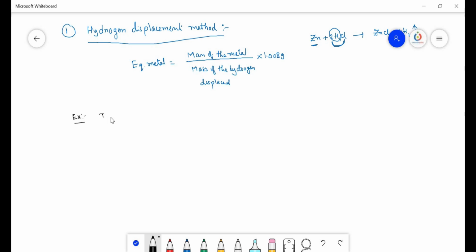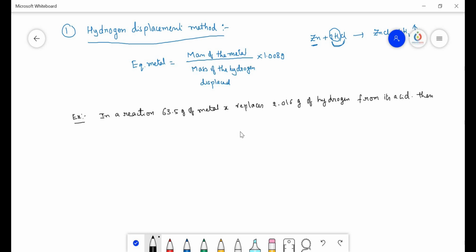In a reaction, 63.5 grams of metal X replaces 2.016 grams of hydrogen from its acid.